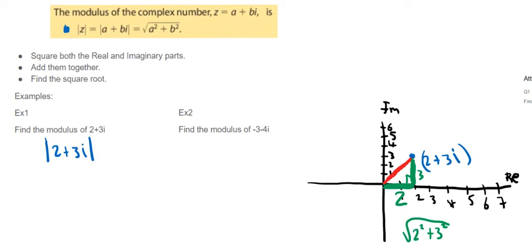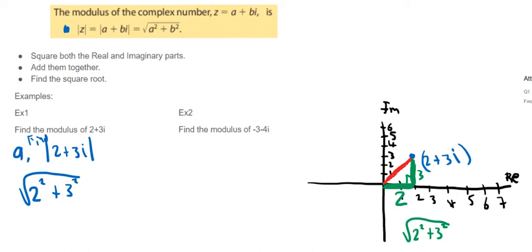So in an exam paper it could be like that, or they might say find and put it like that, and you have to know that that's the modulus. But to do it anyway, all we're going to do is take 2 and square it, then do 3 and square it, and then find the square root of that.